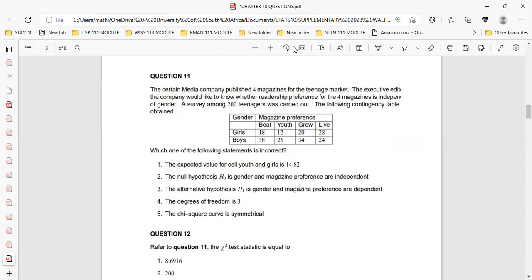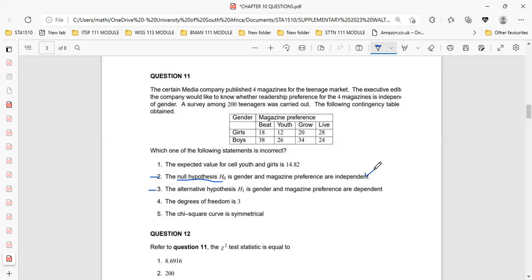By looking at this question, you can see that it is based on the chi-square test for independence. Here they say the chi-square curve is symmetrical. Let us now focus on option 2 and option 3. On option 2, they say the null hypothesis H0 is gender and magazine preference are independent.